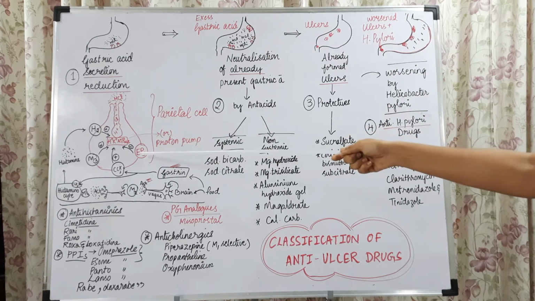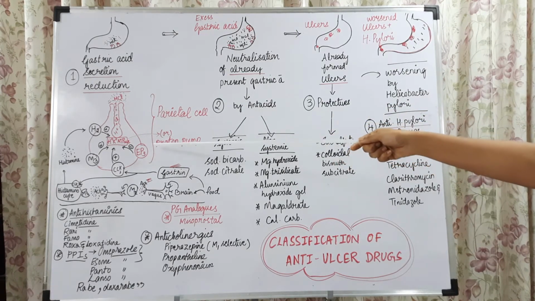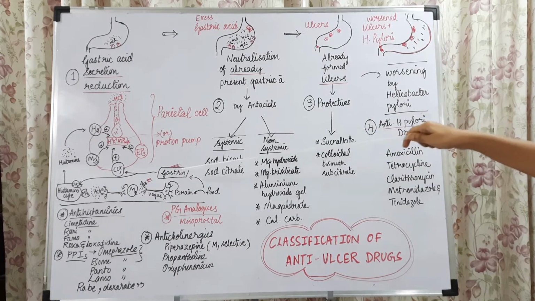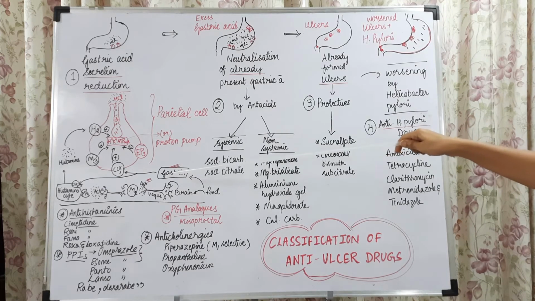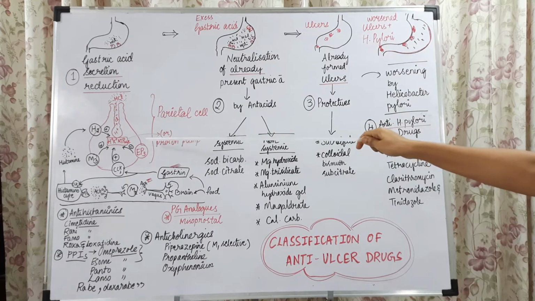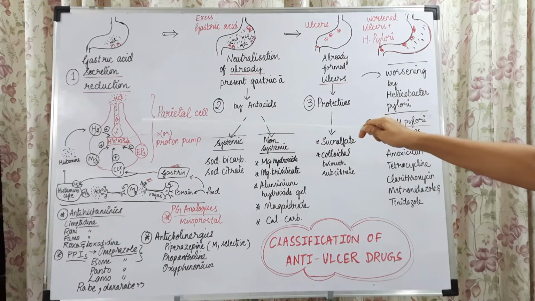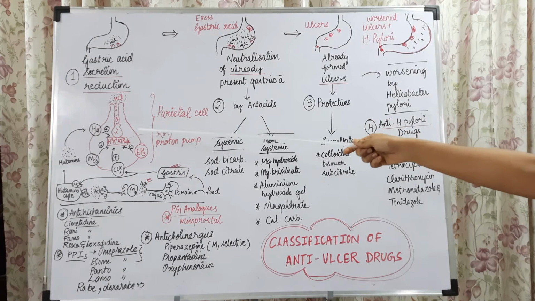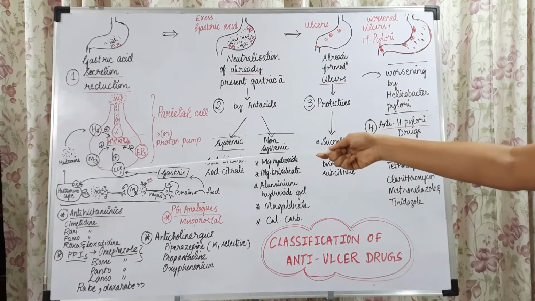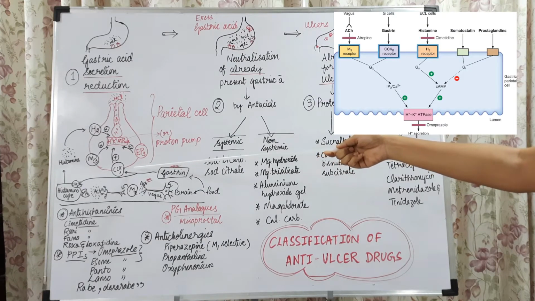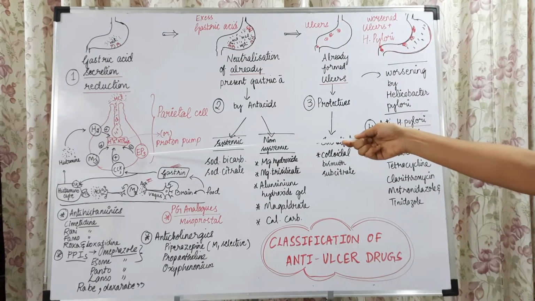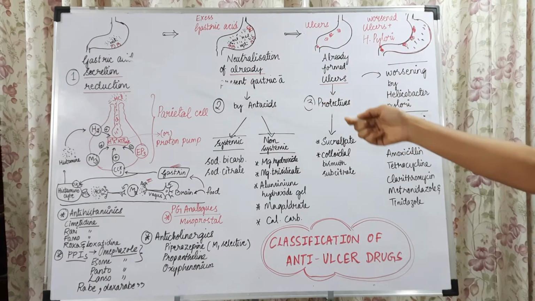Now these parietal cells have different receptors over them that help the different secretagogues like acetylcholine, gastrin, and histamine to act on the receptors and then further alter the secretion of the gastric acid. So we know that histamine, acetylcholine and gastrin increase the gastric acid secretion, whereas prostaglandins, with the help of EP3 receptors, suppress the gastric acid secretion.